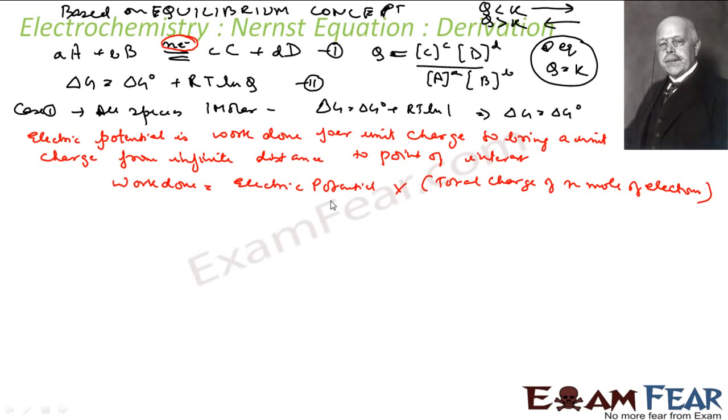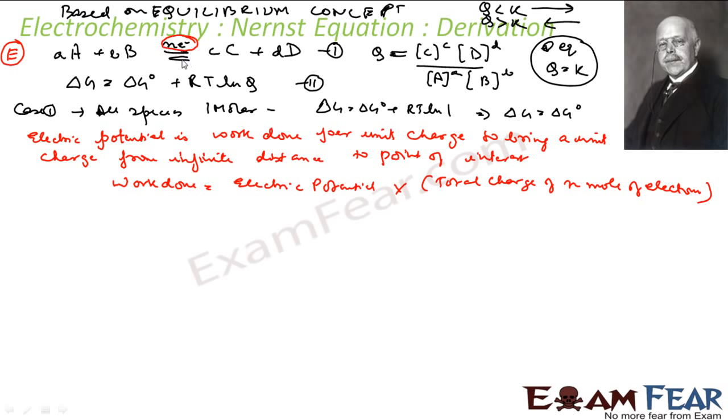What is the work done in this? I have to find the total charge on these n moles of electrons into electric potential, correct? Because there is a potential, you know the electric potential of that. So that is the work done by the system, correct? For this system, let's suppose E is my electric potential and n is the number of electrons that is getting transferred here.